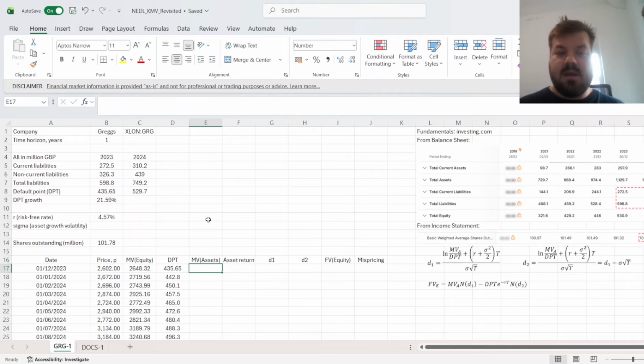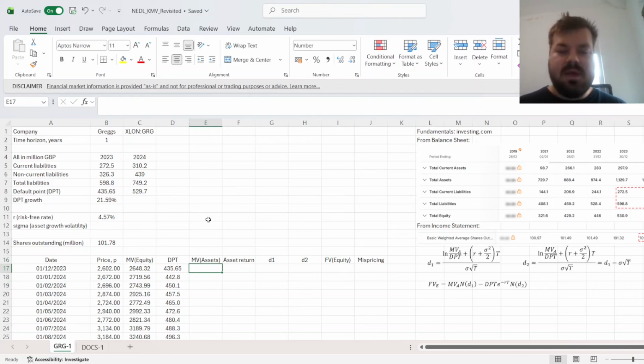This is where the KMV model is ingenious. It essentially says, well, the market value of assets is unobservable, but I'll try to guess what it is and input it to calculate probabilities of default. But we need some starting point so that the model can converge to those true guessed values.